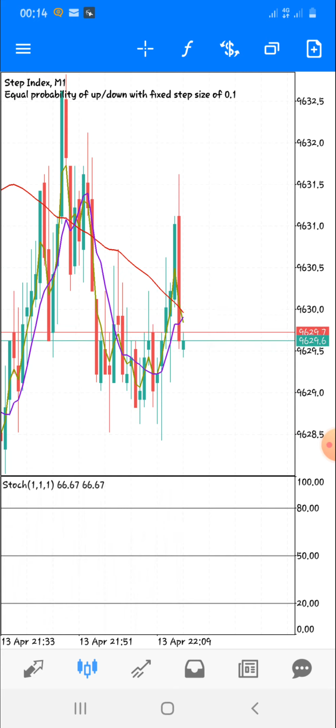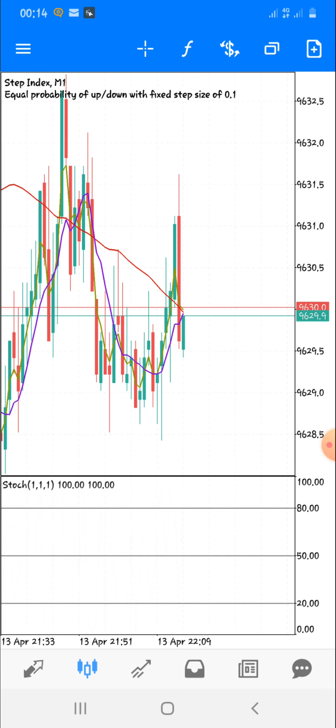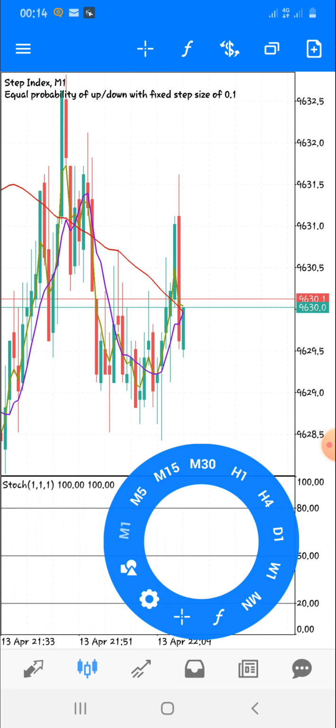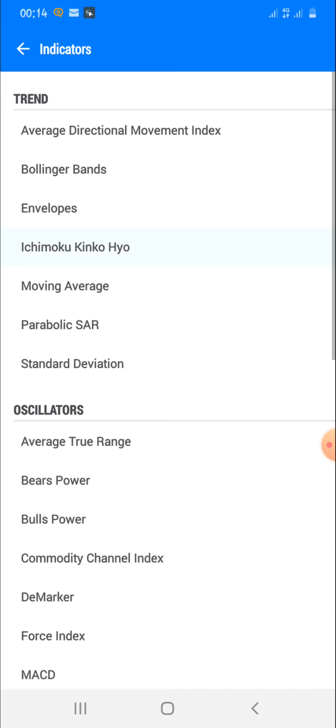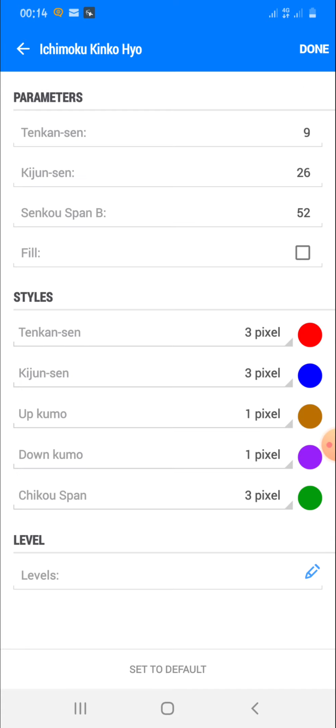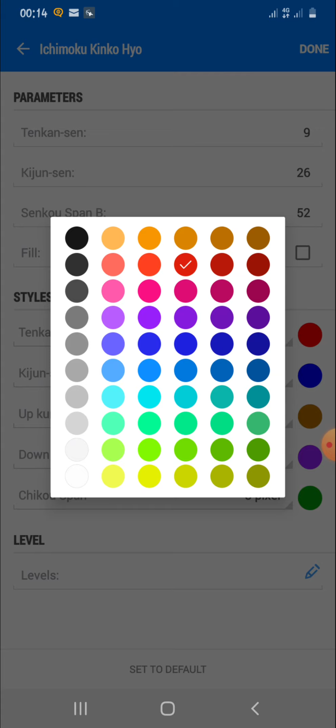Then the last but not least indicator, we will insert the Ichimoku. We will leave Ichimoku as it is, but here we will specify 4 pixels and the color to be orange.